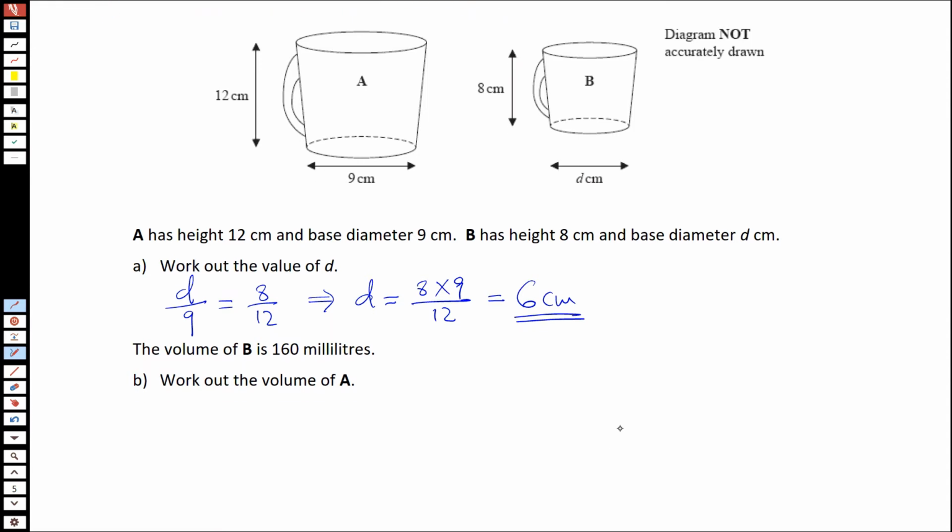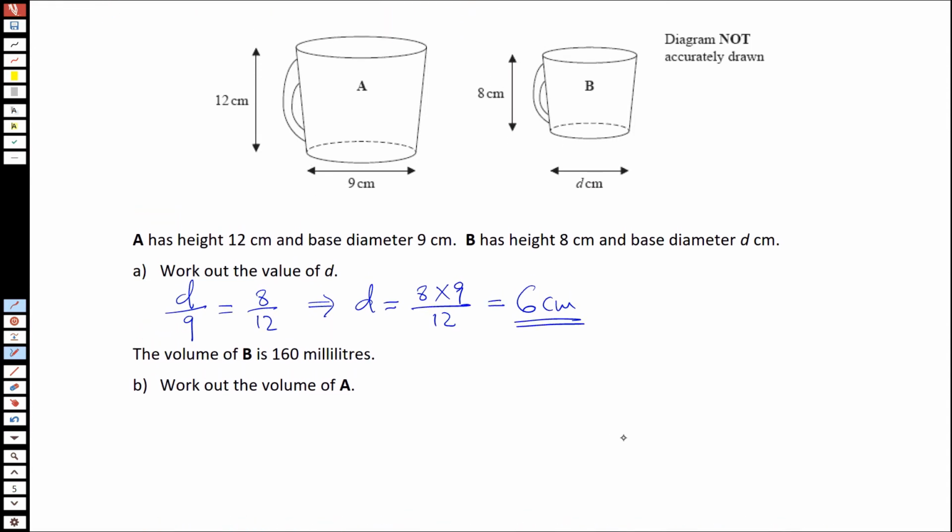And then the second part of this question. We are told that the volume of B is 160. Work out the volume of A. So what we need to find here is the ratio of the lengths, and I'll work out the bigger shape divided by the smaller shape, because I'm trying to find the volume of the bigger shape.